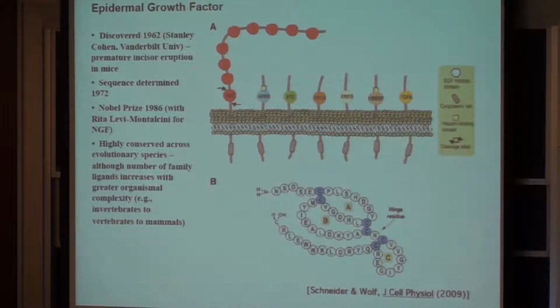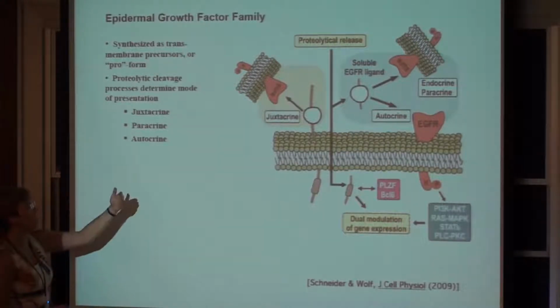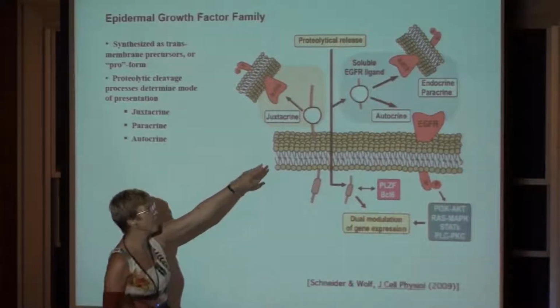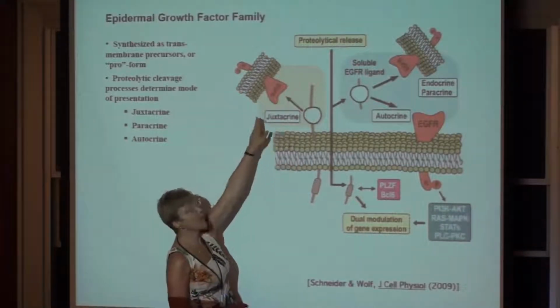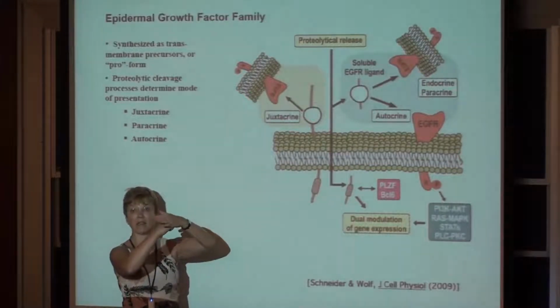And many growth factors are like that. I don't know about GDNF, but a large number of growth factors are like this. So this depicts now, when you cleave the ligand, so the ligand's sitting on the surface here, it can act in a juxtacrine fashion, meaning it can stimulate a cell that's next to it.